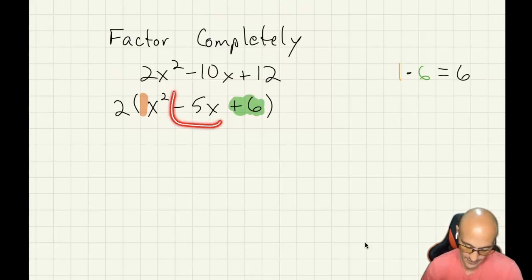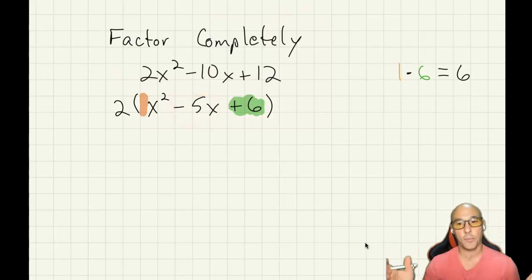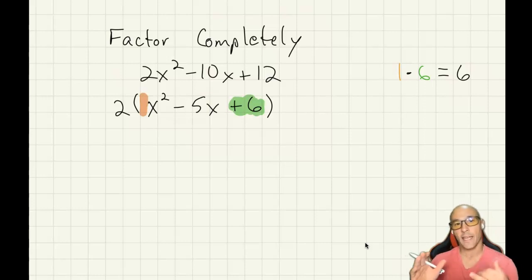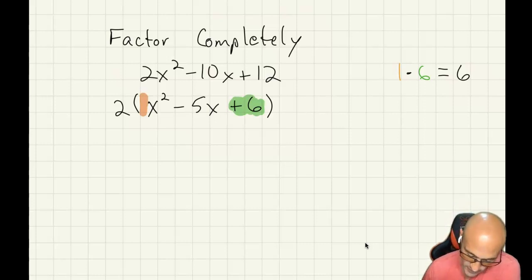Now we're going to break this middle term into 2 pieces, and the 2 pieces have to multiply together to give me 6 and add together to give me negative 5. Well, the only way that they can add to a negative and multiply to a positive is if they're both negative. Okay?